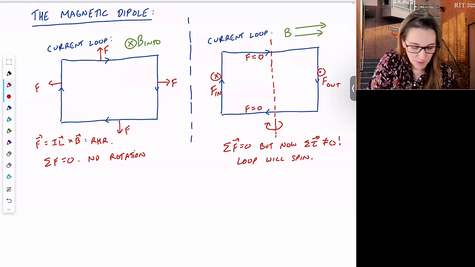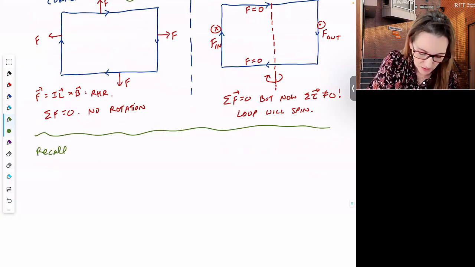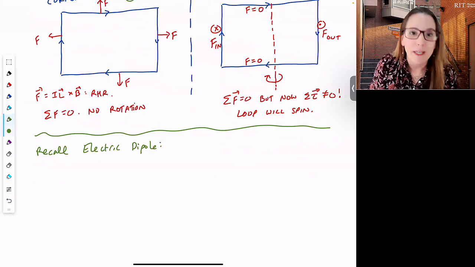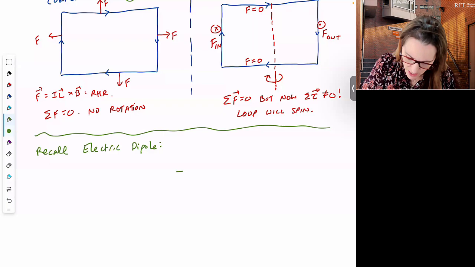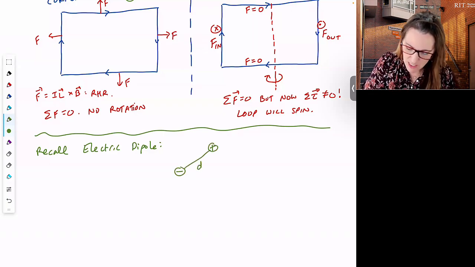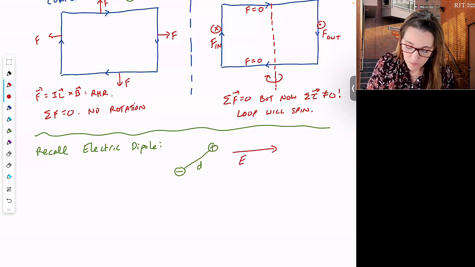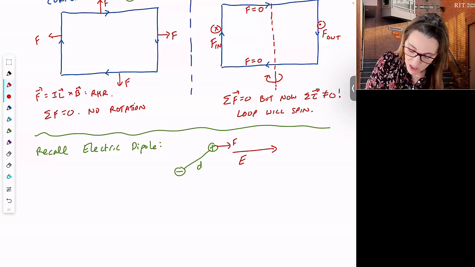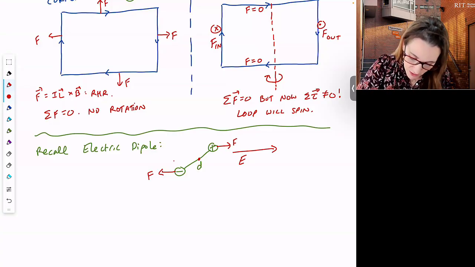If we go back, let's take a second and recall the electric dipole. What made it a dipole? Why were we calling it a dipole? If I had a minus charge and a plus charge separated by some distance d, and they were placed in an electric field, like so, then the forces on each of them, because they're equal and opposite, would cause it to rotate.